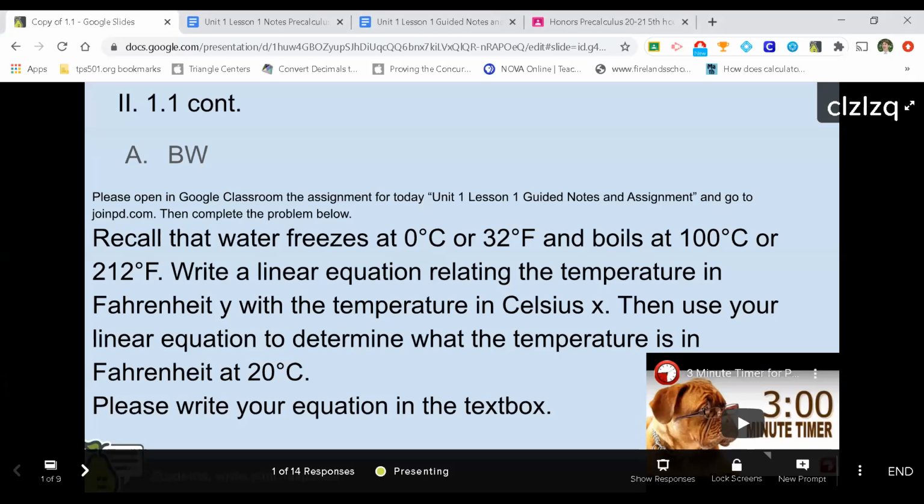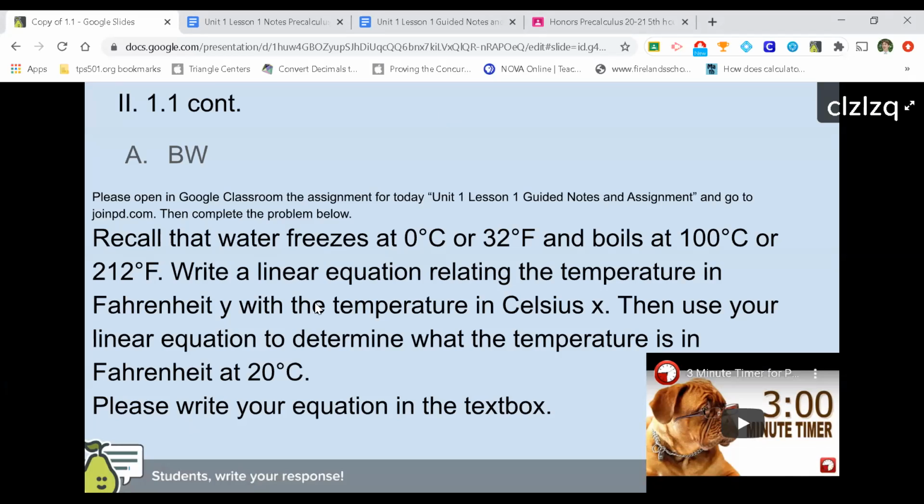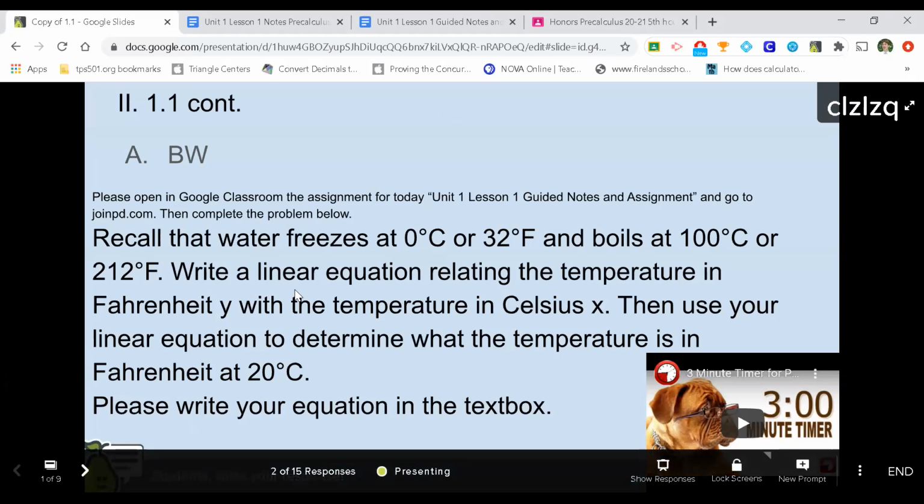Okay. And this is similar to the problem that we did for bell work, or for like the last example and the last guided practice for writing linear equations. You have here a word problem. I need you to write a linear equation. In order to write a linear equation, there are two steps. You need to find the slope and the y-intercept.